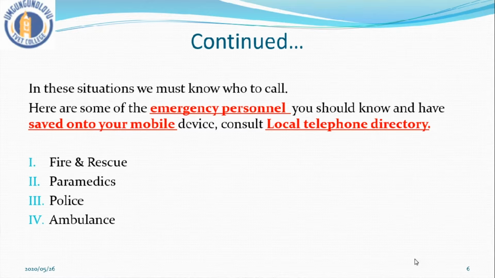Here are some of the emergency personnel you should know and have saved onto your mobile. You can consult your local telephone directories and program these numbers on your cell phone. The numbers you should have are fire and rescue, the paramedics, the police, and the ambulance services.